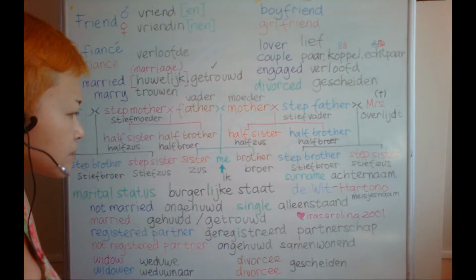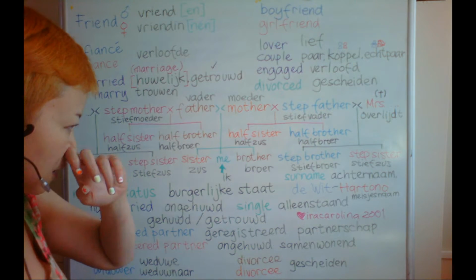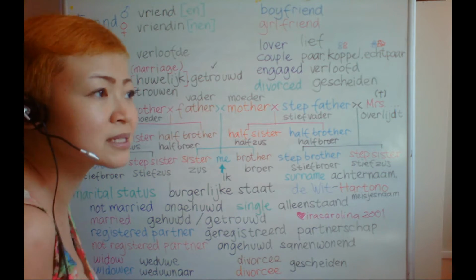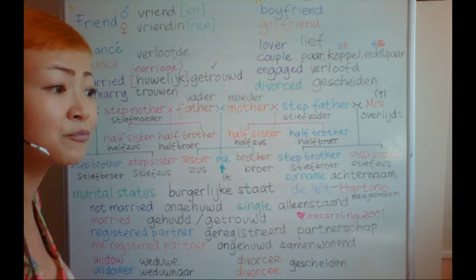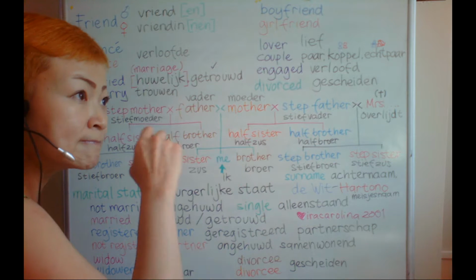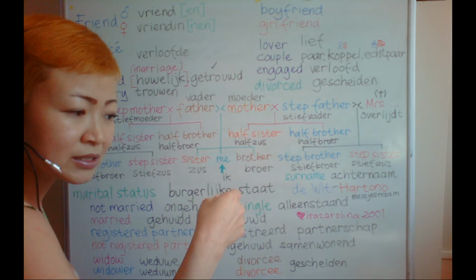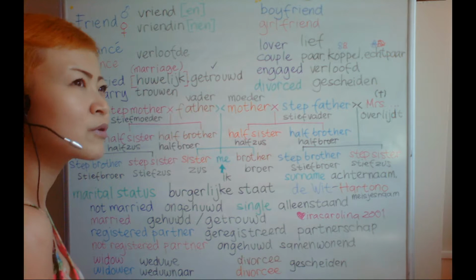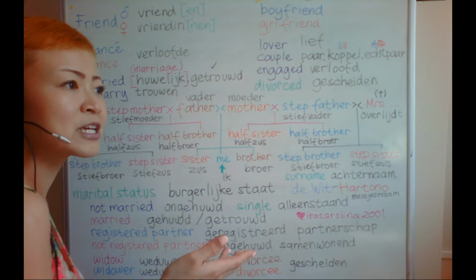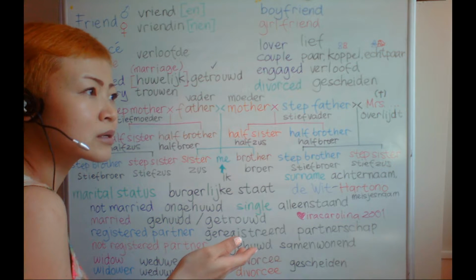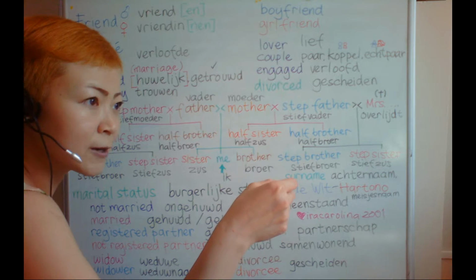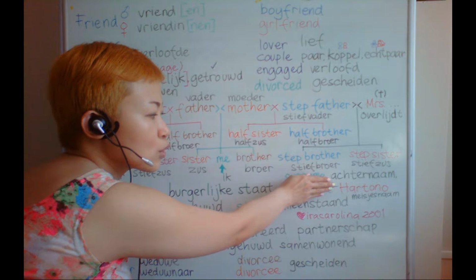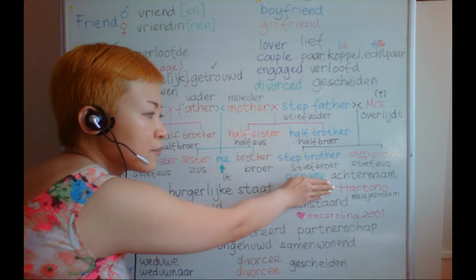But this one is only used for non-legal purposes. It's for daily life or casual use. We can also say it's informal, because in legal matters, if you sign something, your name is still Hartono, your real surname.